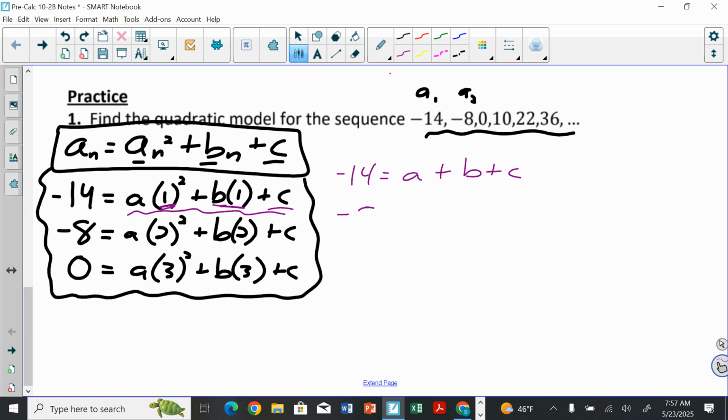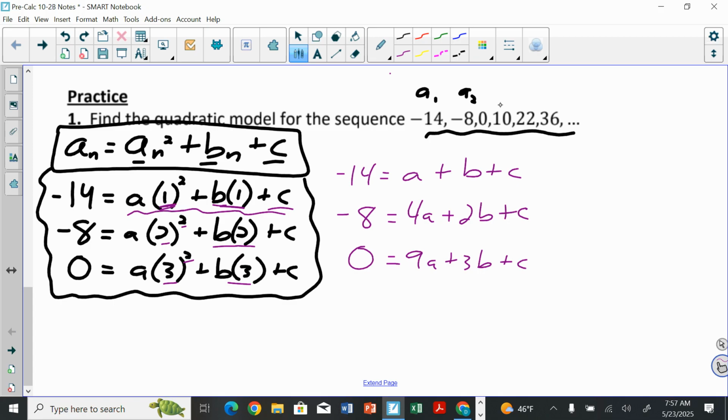Okay, how about the next one? -8. Well, now I've got 2 squared, which is 4, so it's going to be 4a plus 2b plus c. And then the last one, I've got 0. 3 squared is 9, so it's going to be 9a, 3 times b is 3b plus c. Okay, so now I've got a system of 3 equations.